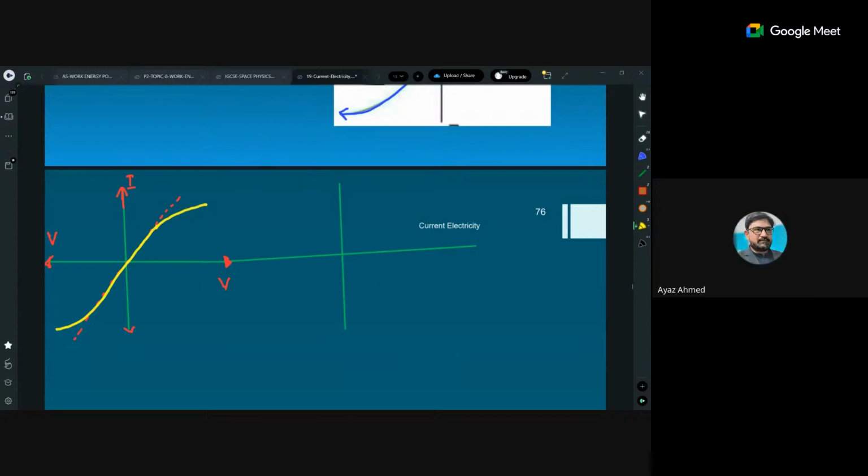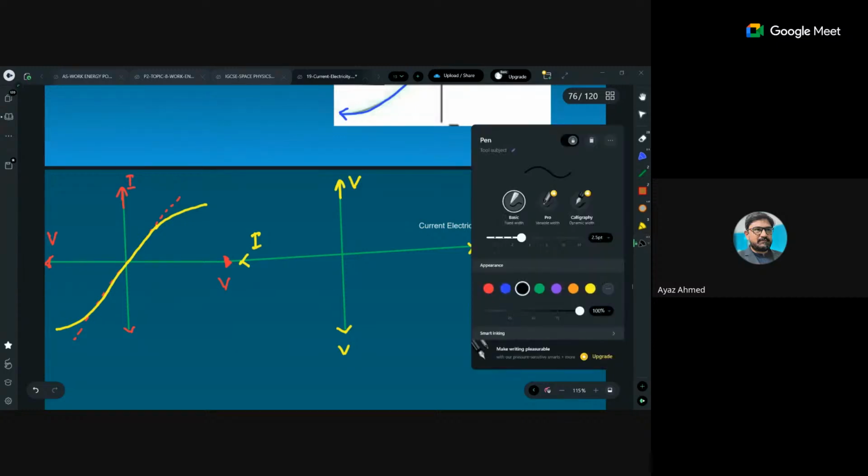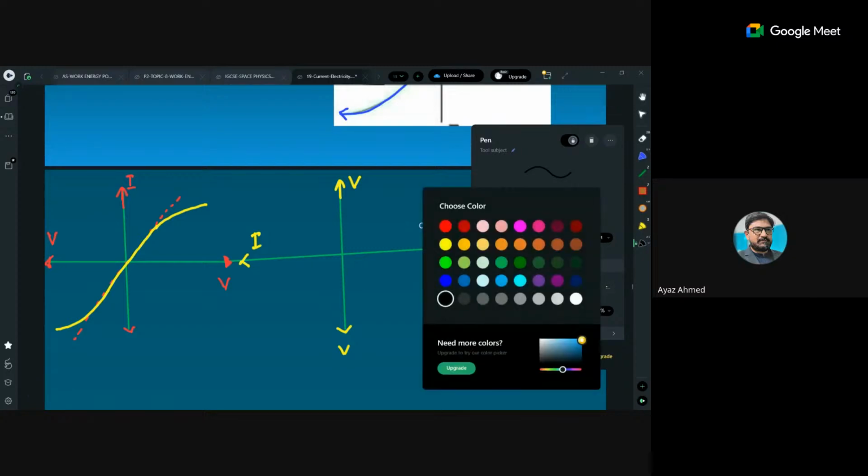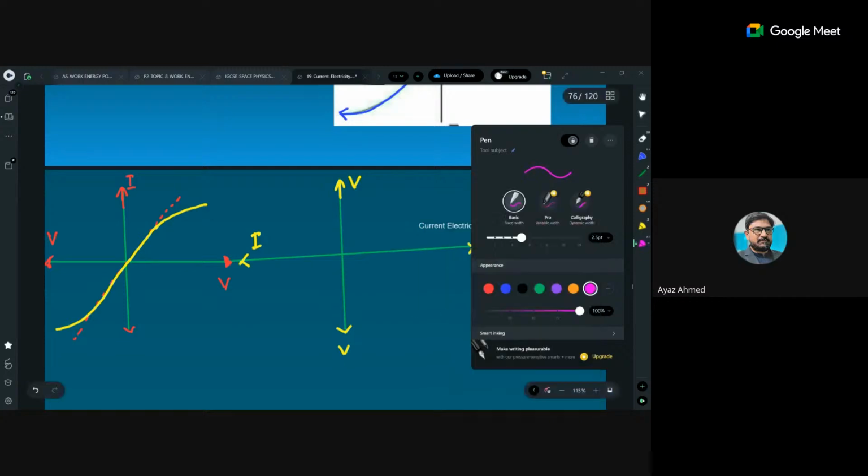Here, now your V is here. Yes, the point is understood. Now I is here. So I told you a sign which is quite interesting, in all this what you have to see is that the graph would be curved towards what? Voltage axis.